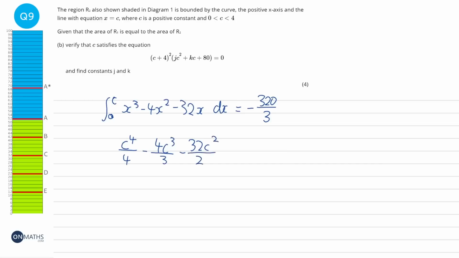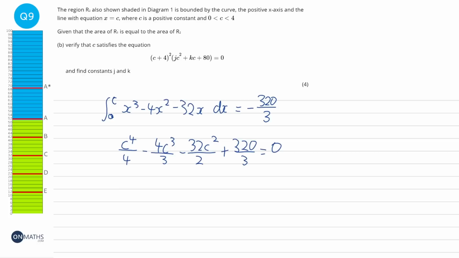And what I'm going to do is add 320 to both sides, so they're all on the same side, equal to 0. So I've substituted c into the integral, and then I've substituted 0, and I've taken the 0 away. Well, when you substitute in the 0, you just get 0, so you're just left with the c.